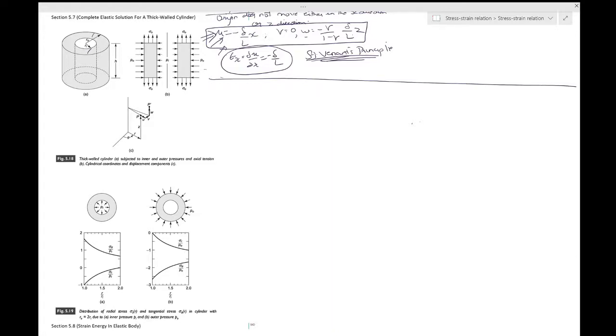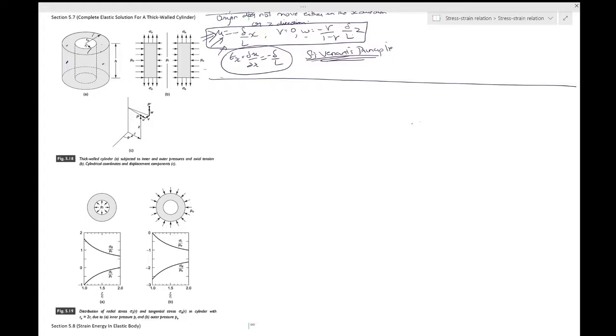And eventually, as I've told you, the purpose is, once you find, say, the stress field inside, you start using the failure theories which you study in your course in design, and then see whether this homogeneous isotropic solid will be able to sustain the loadings or these pressures. So that is the eventual idea, to design it against failure.